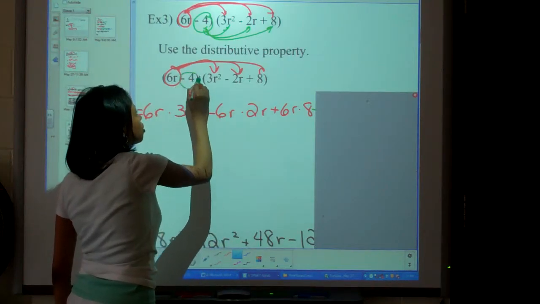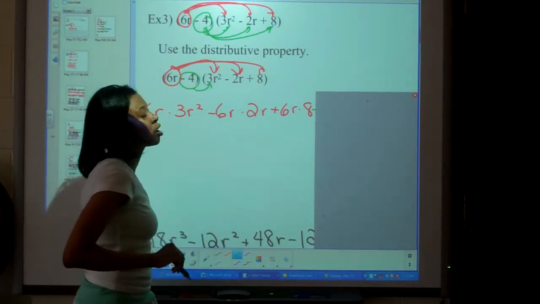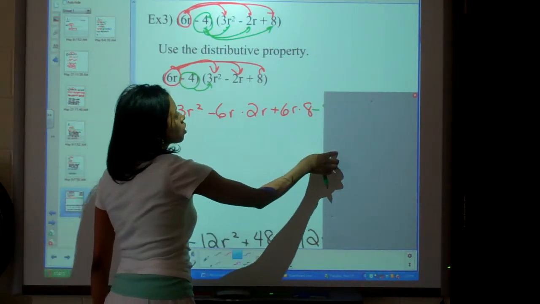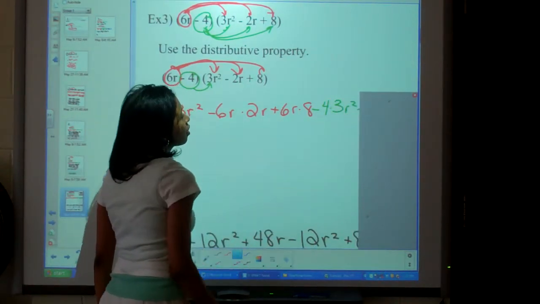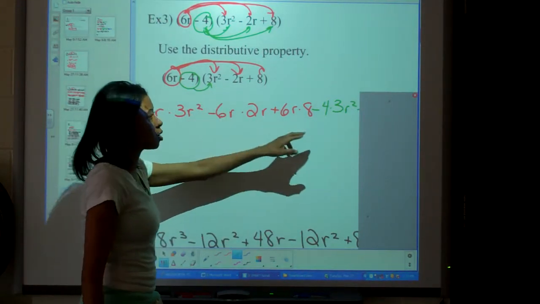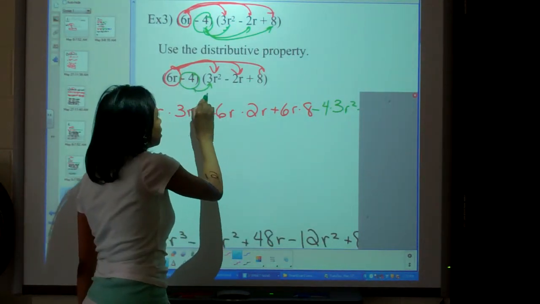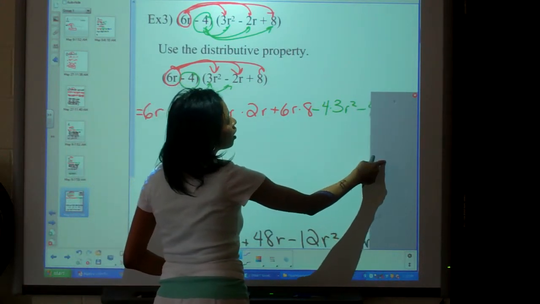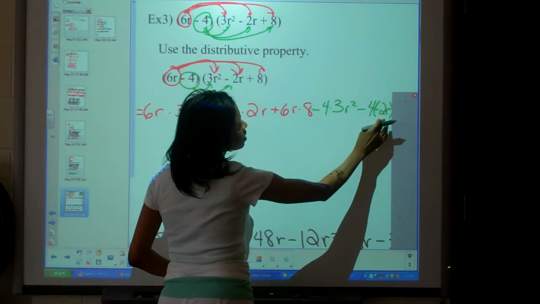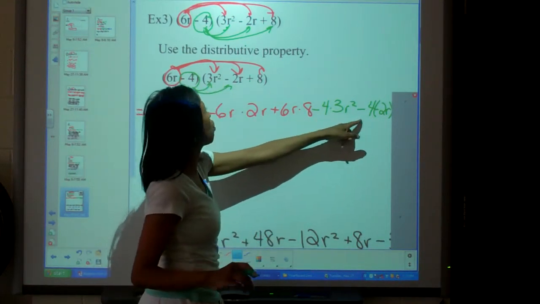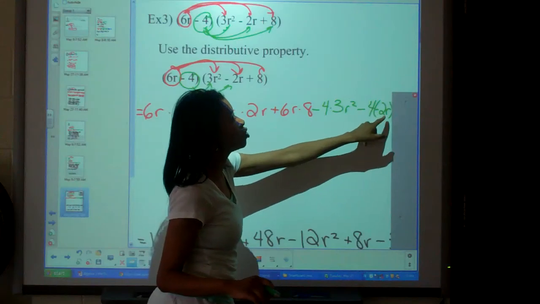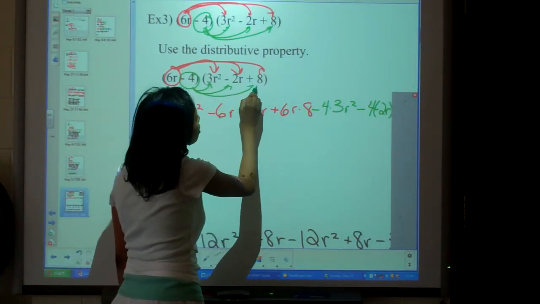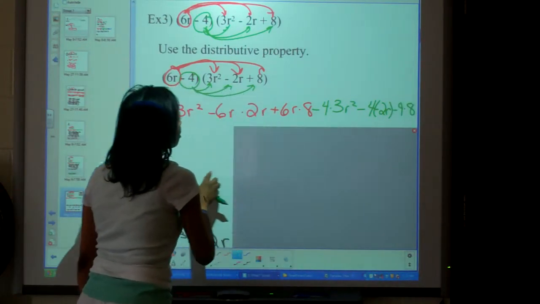Now I need to share this -4 to the 3r squared. So there's my minus sign, and then 4 times 3r squared. And then I share the -4 to the -2r. Negative times negative should be a plus. A -4 times a -2r would still be a plus. And then the -4 times the 8 would be here.